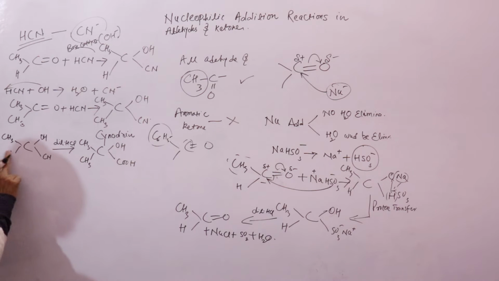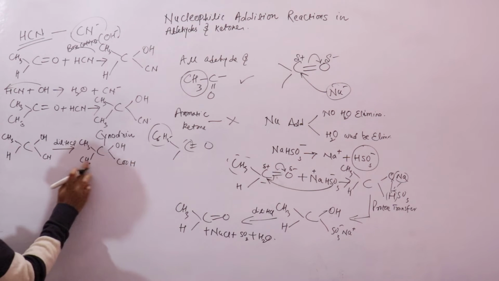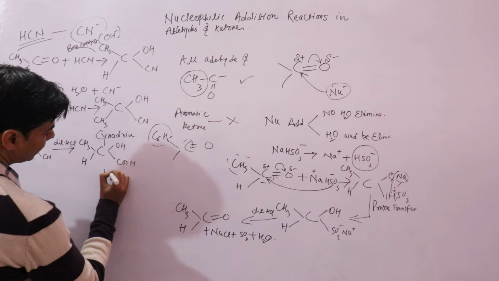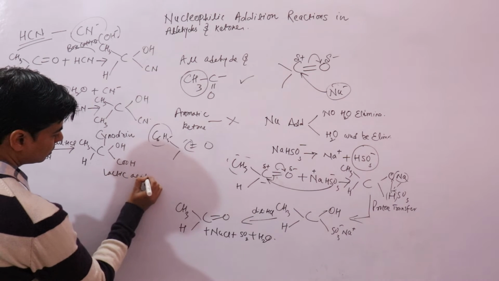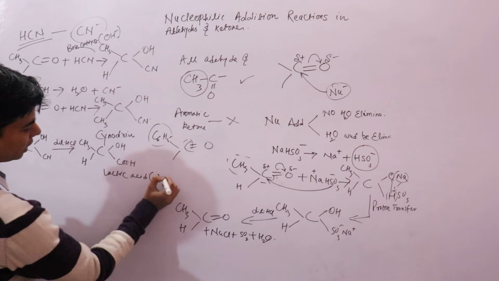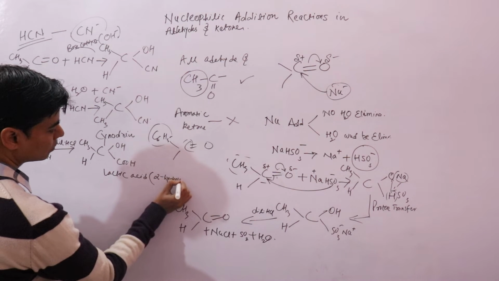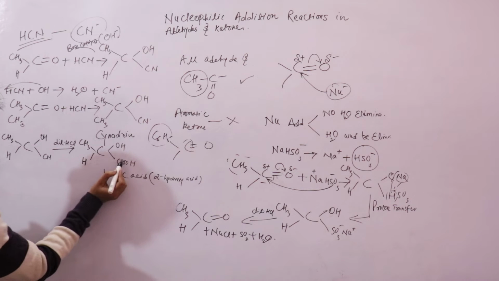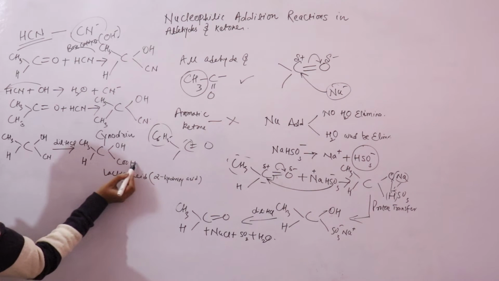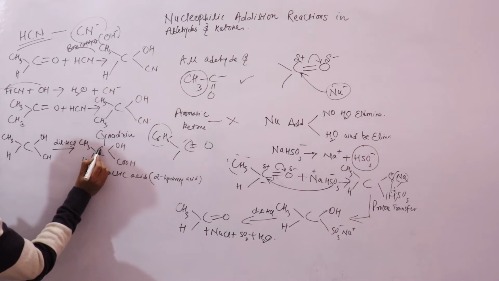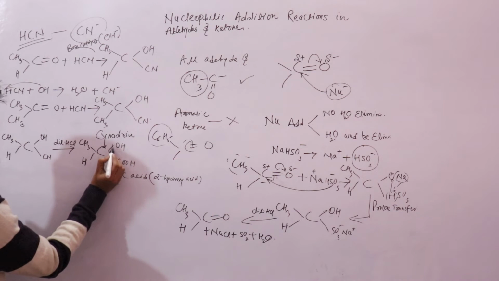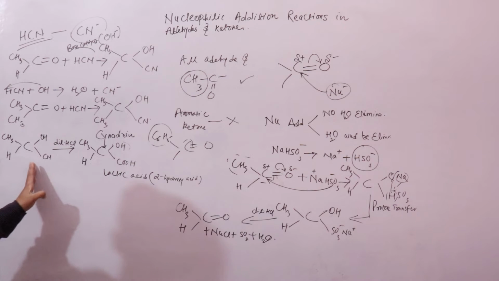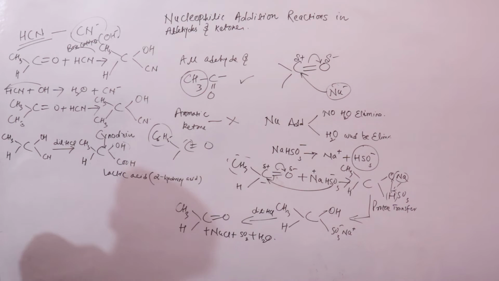Or let's take here, sorry, this is your H. This is your lactic acid, right? We know lactic acid is an alpha hydroxy acid, because this is your carboxylic acid group, this is your alpha carbon atom, and on the alpha carbon you have this OH group, so we call it an alpha hydroxy acid. So cyanohydrin is used to make lactic acid.